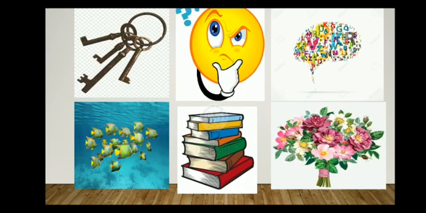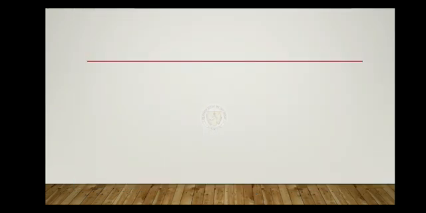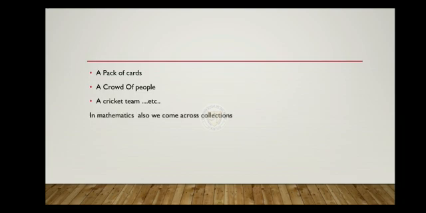Like this, in our daily life we come across many such collections like pack of cards, a crowd of people, cricket team, etc. Do you think in mathematics also we have such collections? Yes, in maths also we come across such collections.